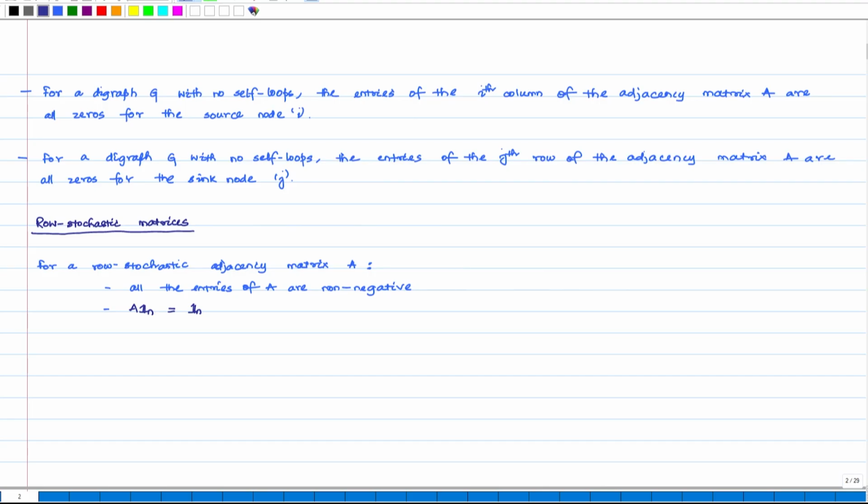Similarly, what happens when the matrix is doubly stochastic? If it is doubly stochastic, it means that it is both row and column stochastic. So, just one more property gets added here. Let's write it.